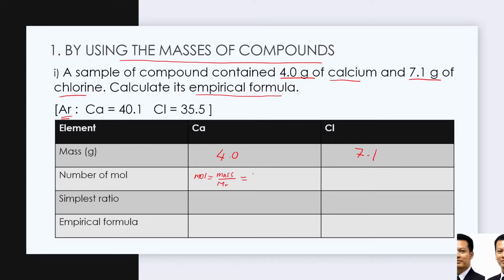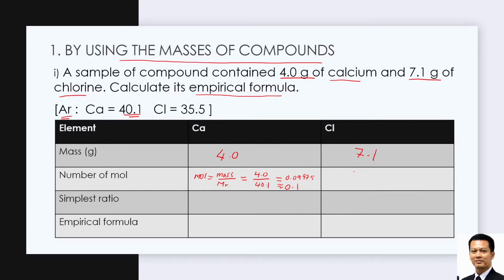So in this case, the mass is 4.0 divided by the molar mass of calcium. Calcium is given as 40.1. So it is actually 0.09975, which is almost equal to 0.1. We can round it off because this number is very close to 0.1.